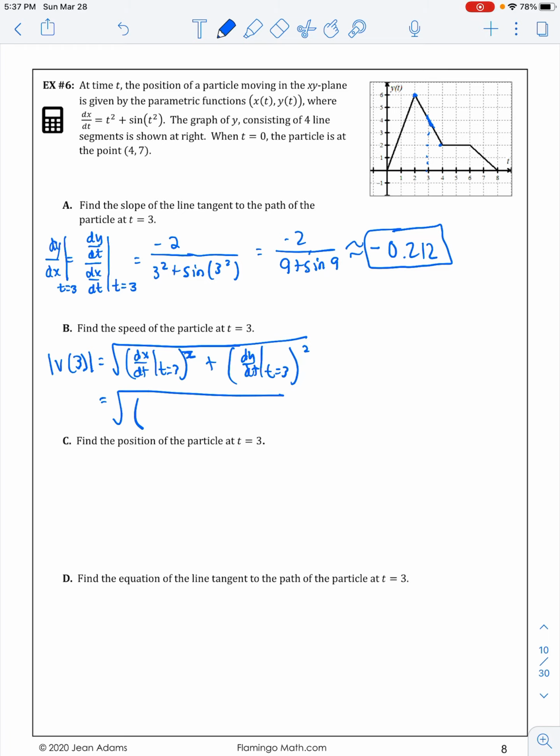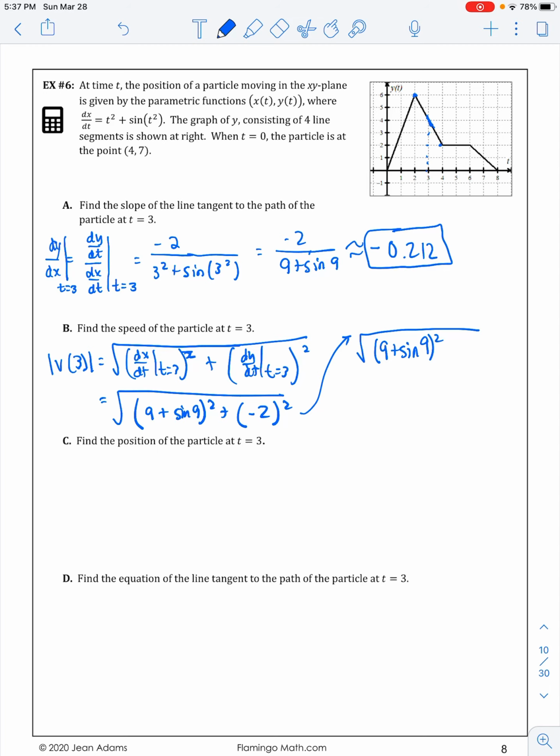So our dx dt at t equals 3, we said was 9 plus the sine of 9. And then our dy dt at t equals 3 was negative 2. So that squared plus that squared. Square root of.